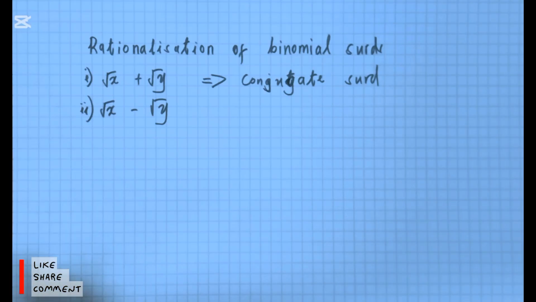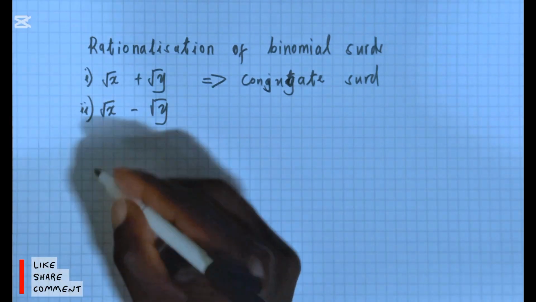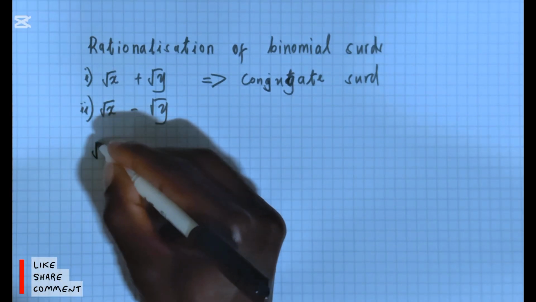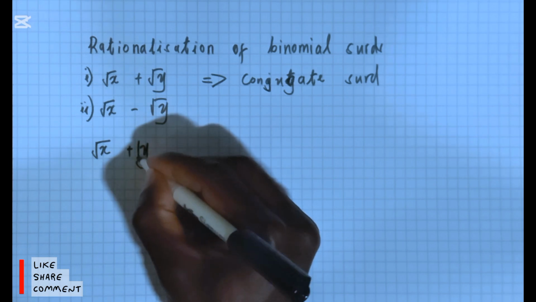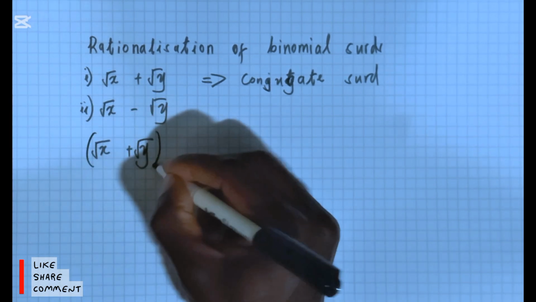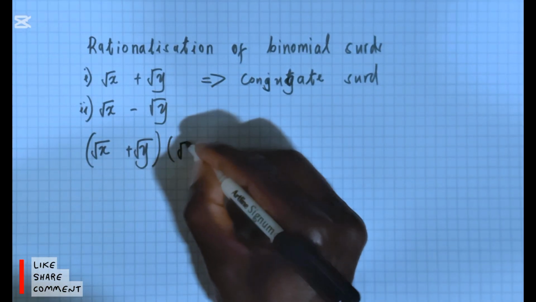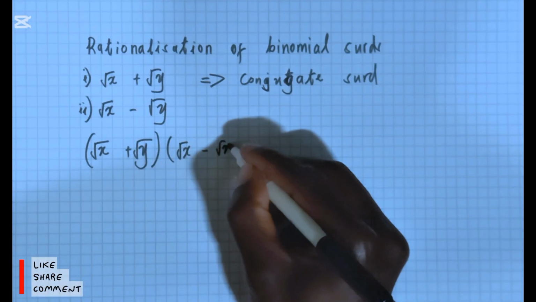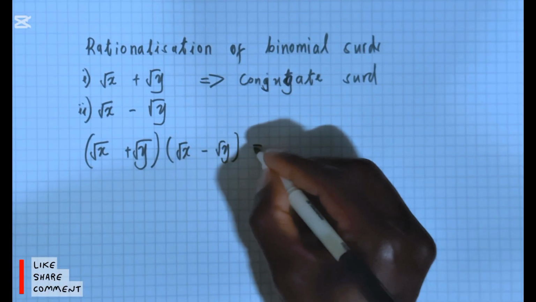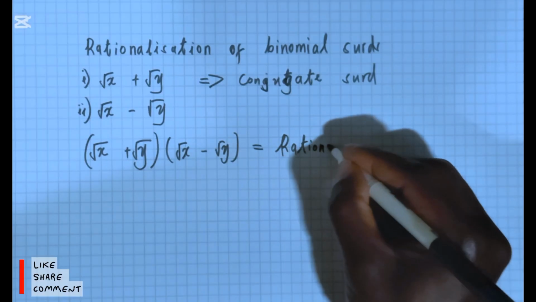So if I was to take the surd of x plus the surd of y, and multiply it by its conjugate, the surd of x minus the surd of y, then what I'll have is a rational number.